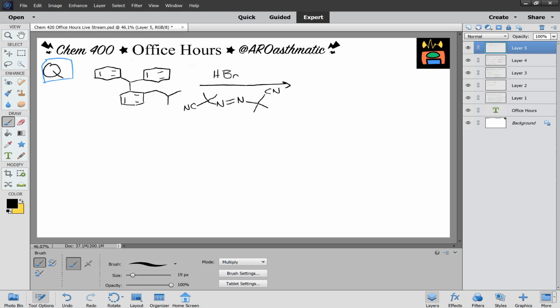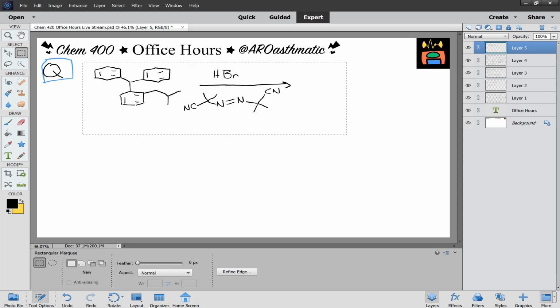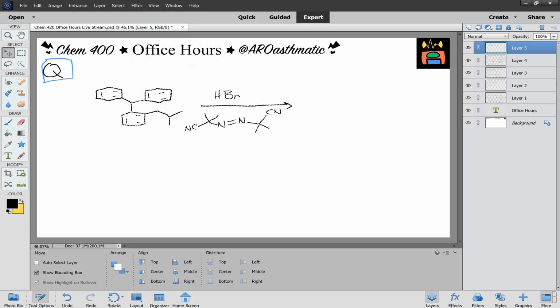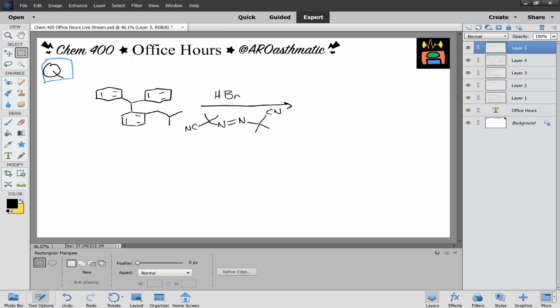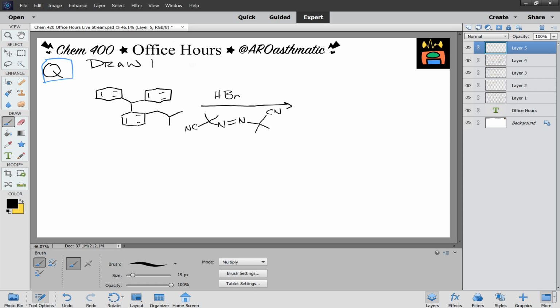This thing is the test. Okay, sweet. So in this question, we are told to draw the major product and explain the regiochemistry.